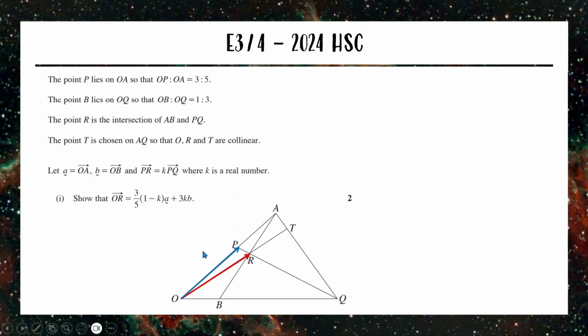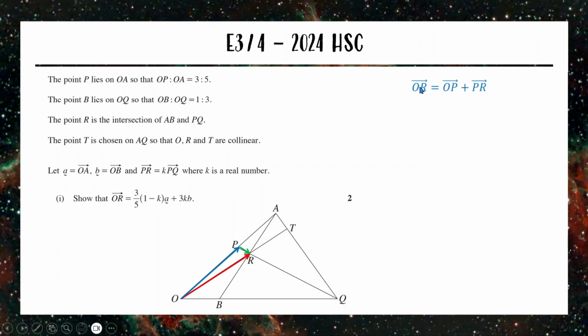Okay, OP plus PR is equal to OR. Now we just need to find a way of turning these blue and green vectors into something involving A's and B's, which is pretty tough. Part 1 and part 3 are pretty tough. Part 2 is a bit easier, but this is definitely a tough question. So bear with me. It's hard to do on a PowerPoint, but I'm doing my very best for you guys. So let's dive into it.